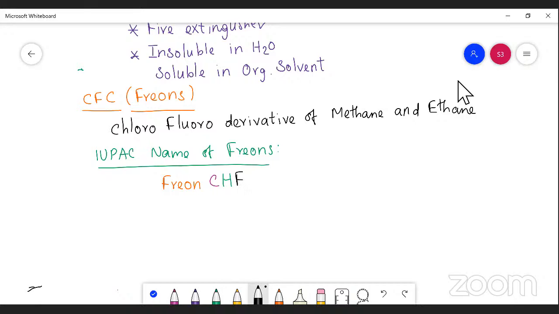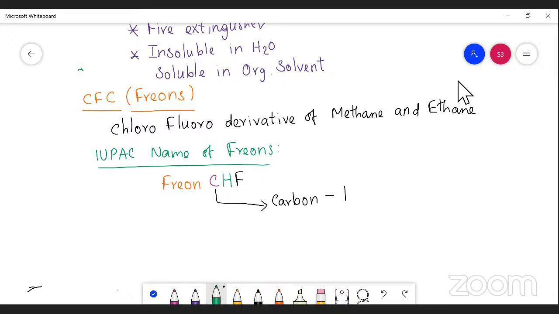That's it. C represents carbon, number of carbon minus 1.